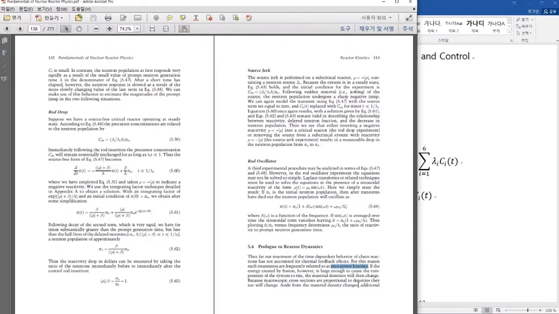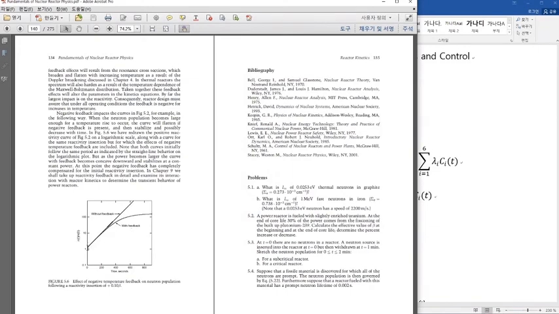The basic assumption is that the neutron density is so small that, even if it changes significantly, the effect of heat generated from fission reactions on the temperatures of fuel and coolant can be ignored, or such heat will not have a significant effect.